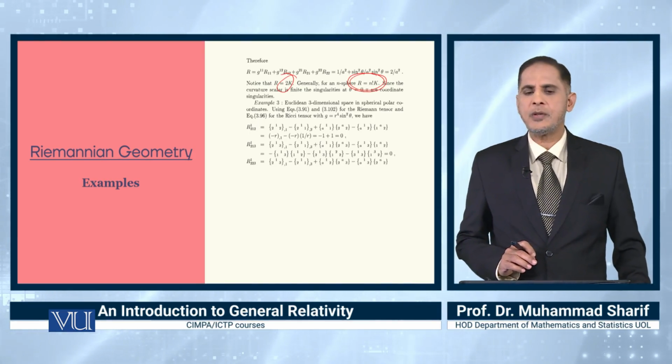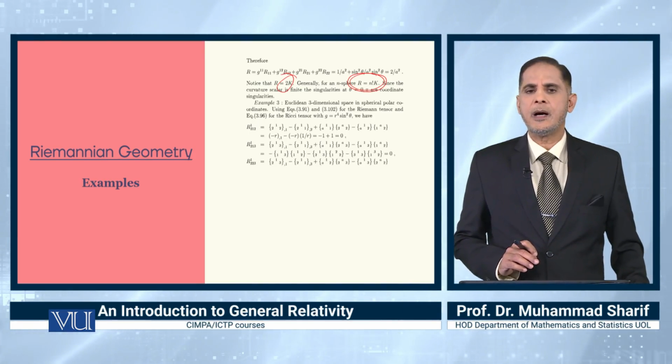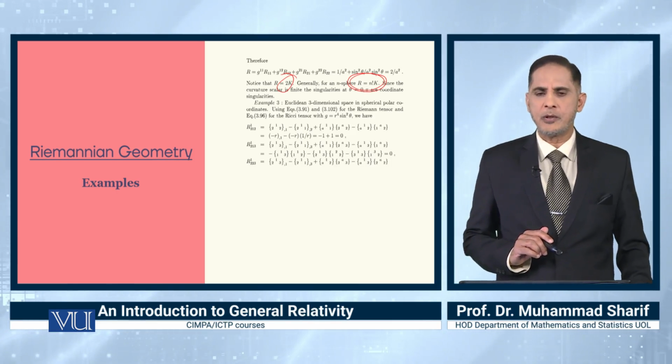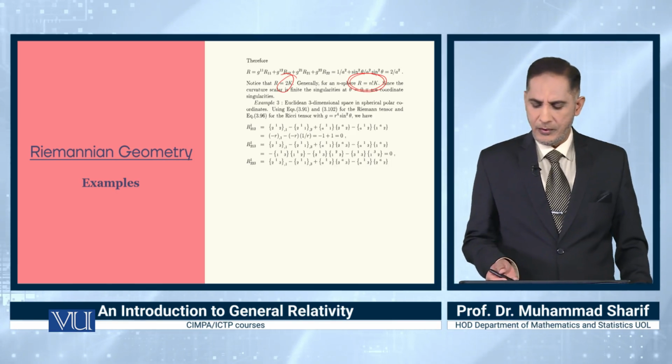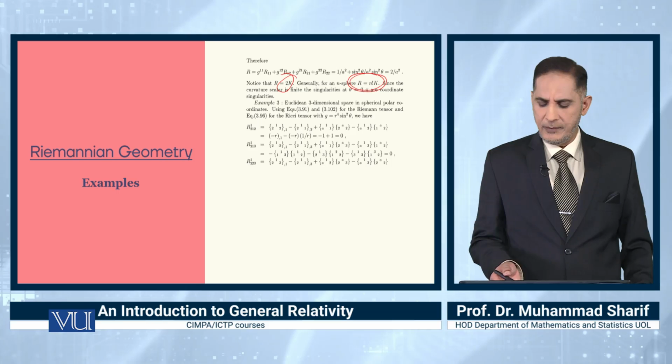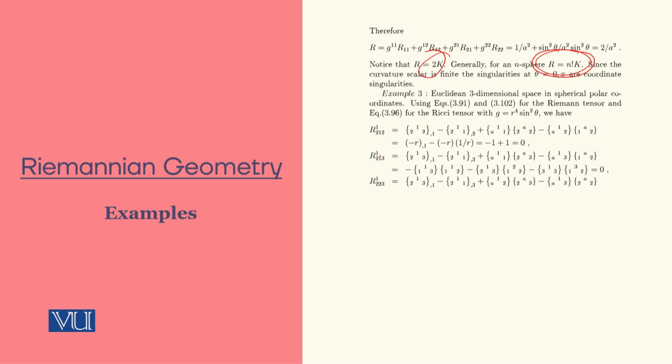We can extend it to the 3-dimensional case when we consider the spherical polar coordinates. I am not going into the details, but you can see from this example that here R121 is 0, R213 is 0.